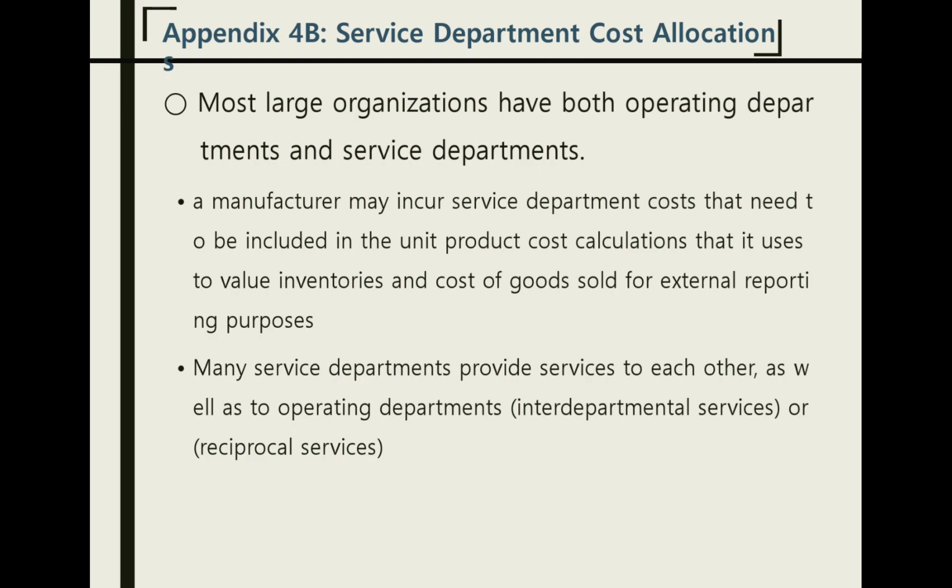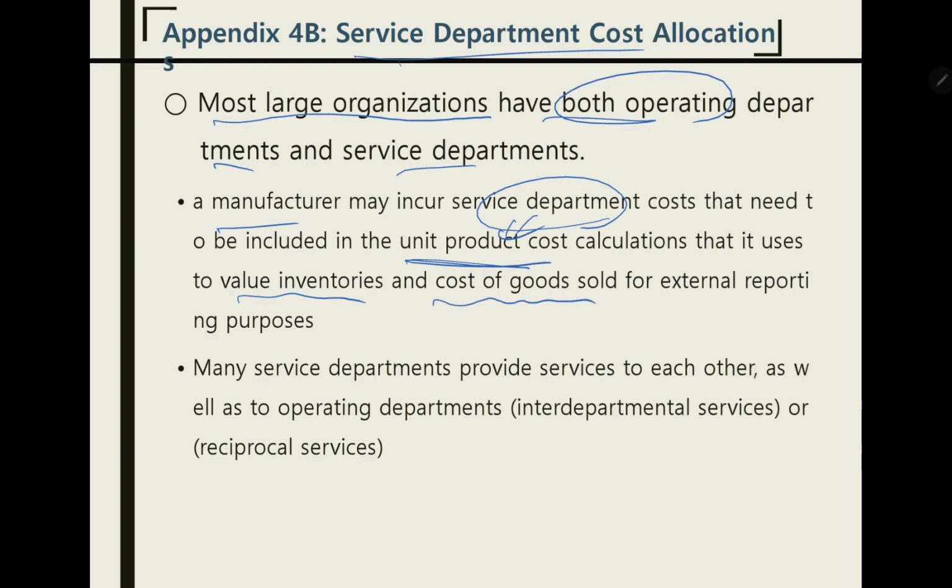The second topic of today's class is service department cost allocations. Most larger organizations have both operating departments and service departments. A manufacturer may incur service department costs that need to be included in the unit product cost calculation that it uses to value inventory and the cost of goods sold.